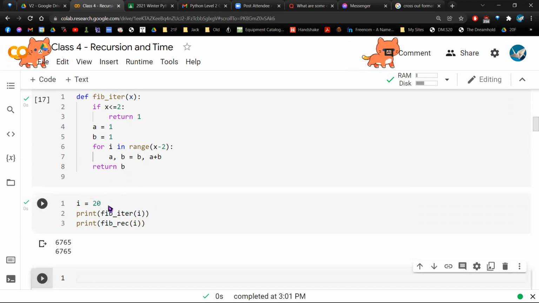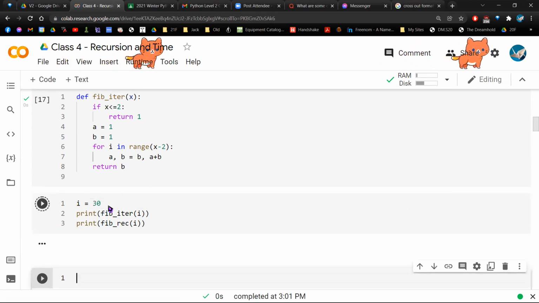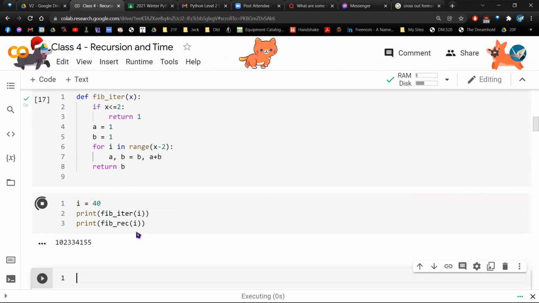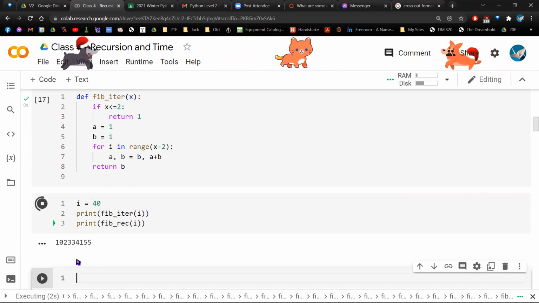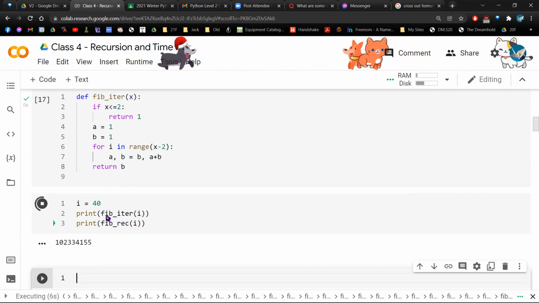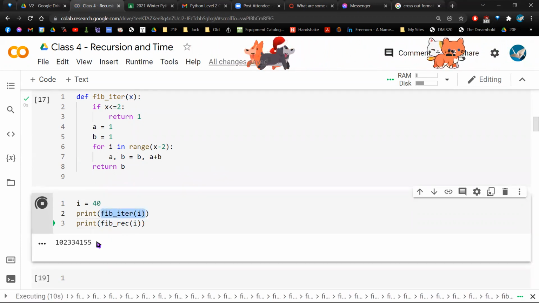Go to 20, still pretty much immediate. 30, immediate. But at some point you're going to see, notice we're getting a delay at this point. And notice the iterative solution gave us a solution pretty much immediately.